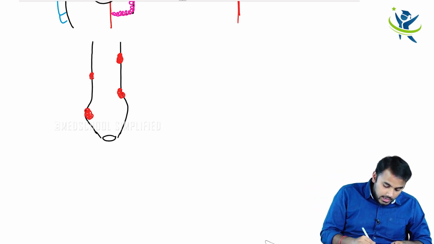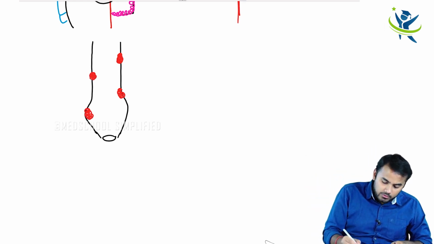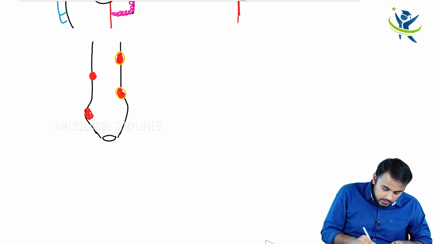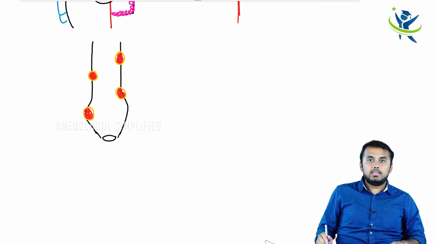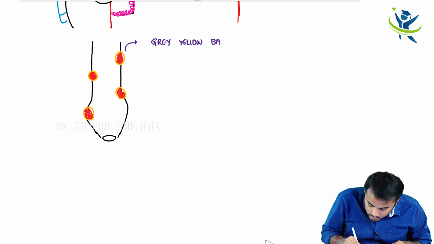So you will see multiple ulcers on the penis like this, and these ulcers are surrounded by a gray border. How do these ulcers look, guys? They have a gray yellow base with irregular borders.